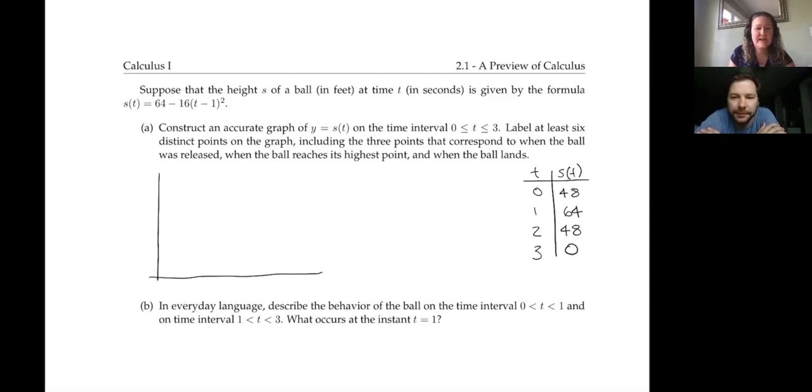Okay, so this could be helpful too to determine what our axes should look like, because if I put on the y-axis the numbers 1, 2, 3, 4, I would have a hard time graphing that because these s values I'm getting out are so large.